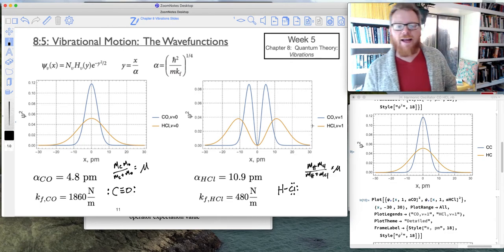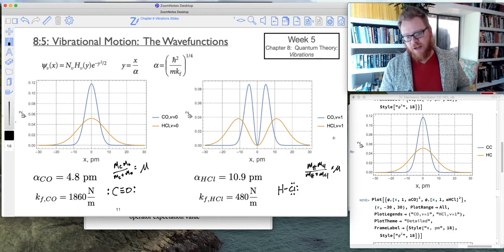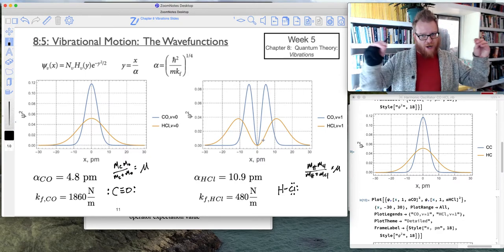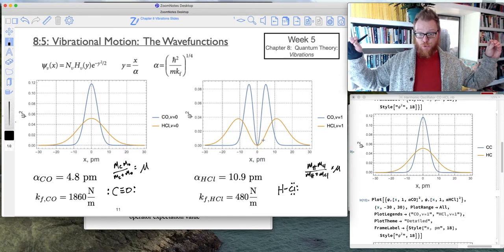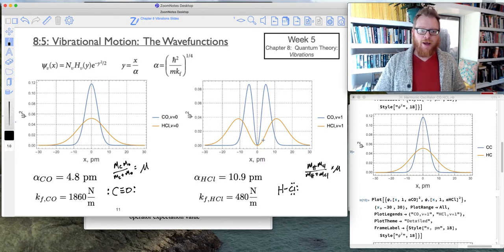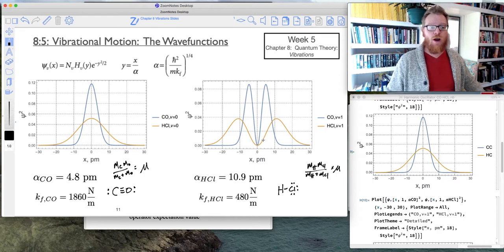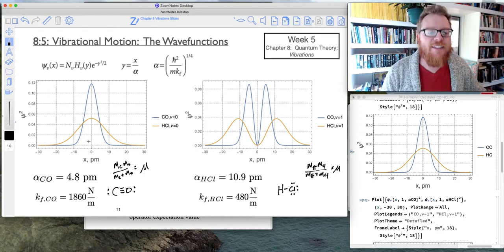What's also cool, I calculated the wave functions for carbon monoxide and HCl for nu equals 1. You can see similarly now, HCl really spreads out as it goes through this transition. In spectroscopy, what we observe is the difference between these energy levels.